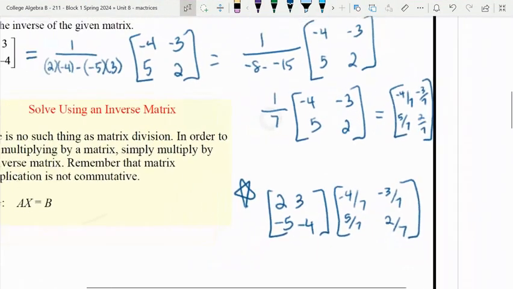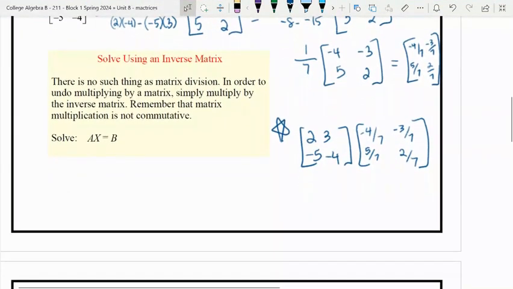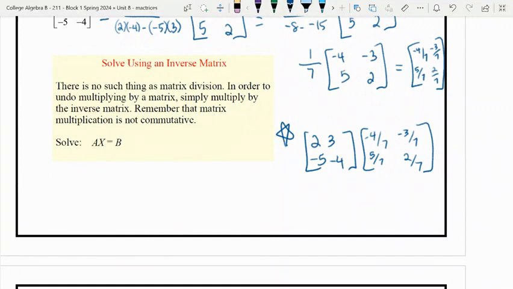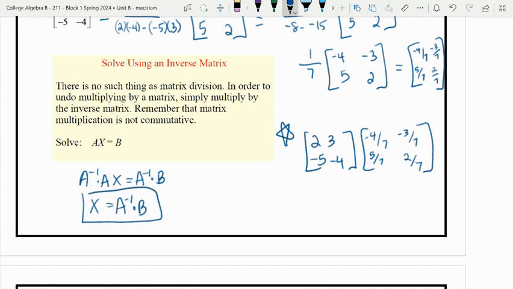All right, now how to solve using an inverse matrix. If I have AX equals B, to solve this, I am going to multiply both sides by A inverse. So then I end up with X equals A inverse times B. So this is how I solve a system using inverse matrices.